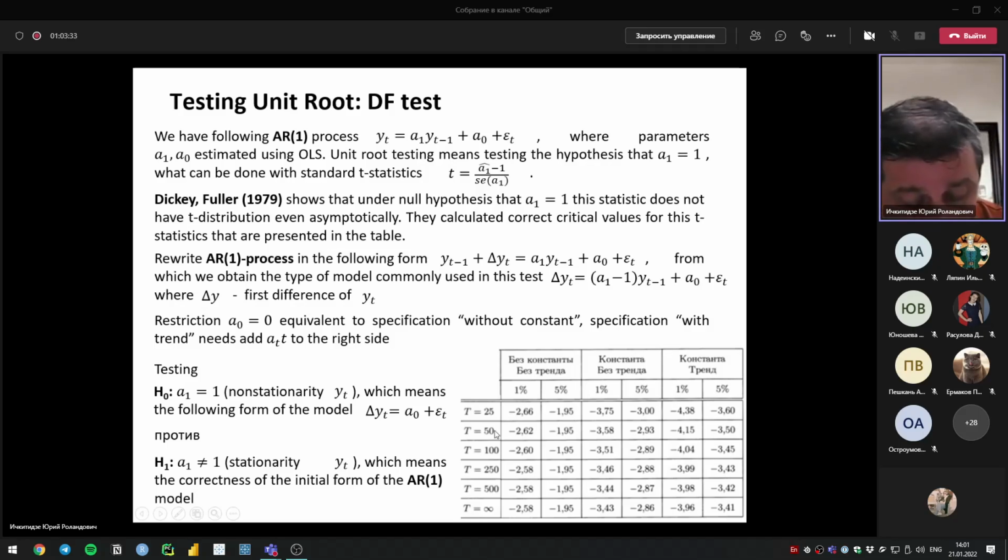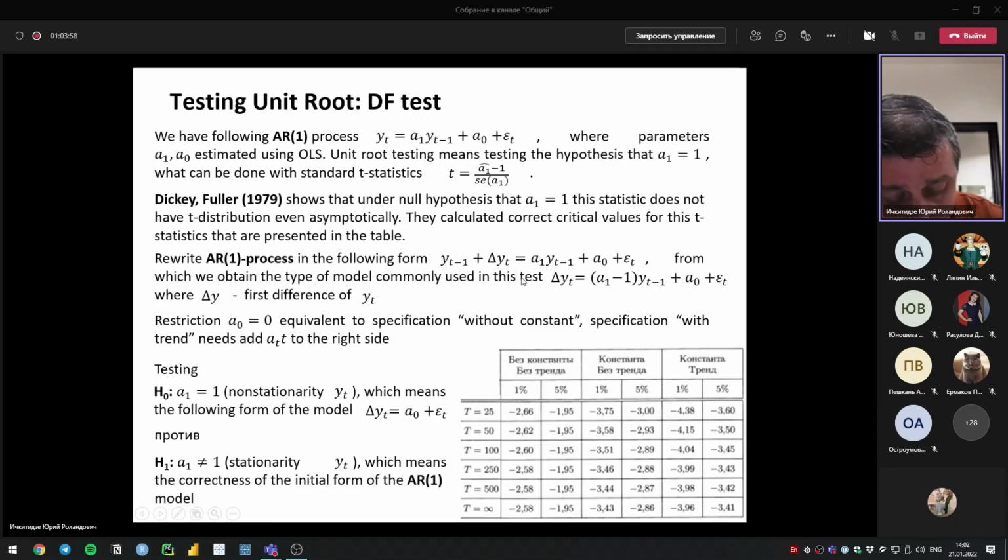Now, using our theoretical knowledge with a unit root, we will rewrite this autoregressive model in a slightly different form. That is, we will replace yt with yt minus 1 plus delta t.